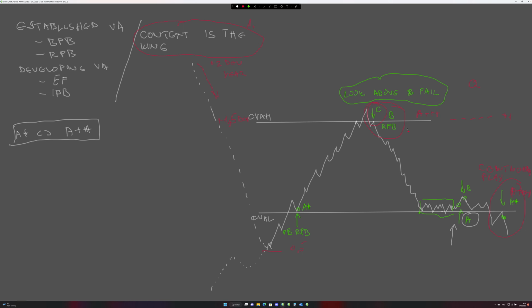Continuation play, and usually it happens on the second day, because this moves in CVA. CVA is always a few days, two or more days of the balance zones. So this is usually a second day play.